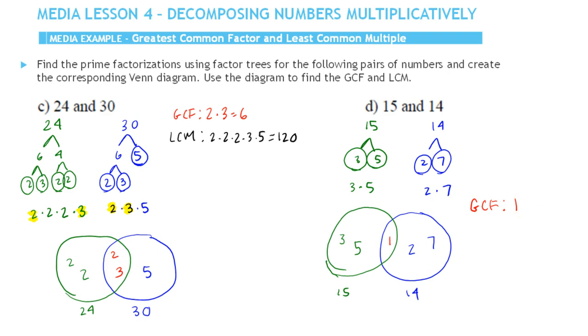Now, what's going to happen here with the least common multiple? For the least common multiple, we said we multiply all of the numbers that we see. Numbers that are in the intersection, numbers that are not in the intersection for both of those numbers that were given. So we have 3 times 5. I could multiply by 1, but we know that will just give us the same answer, so I'm going to skip it. Times 2 times 7.